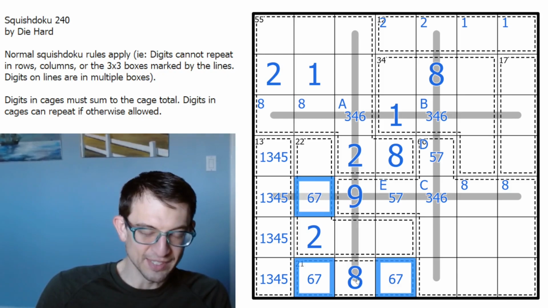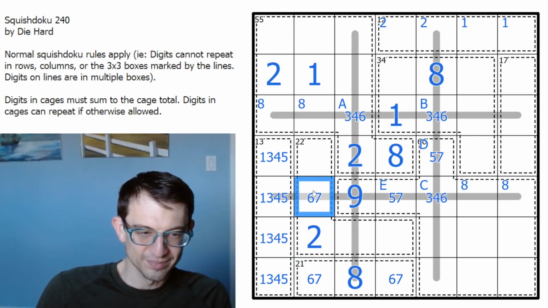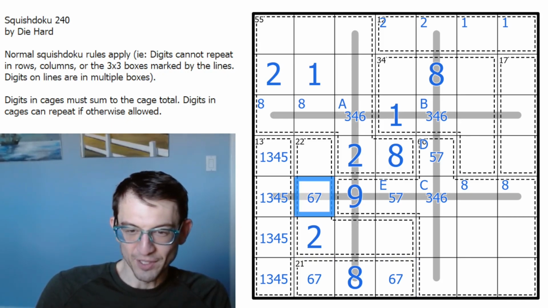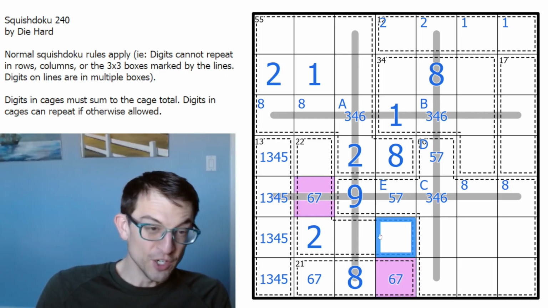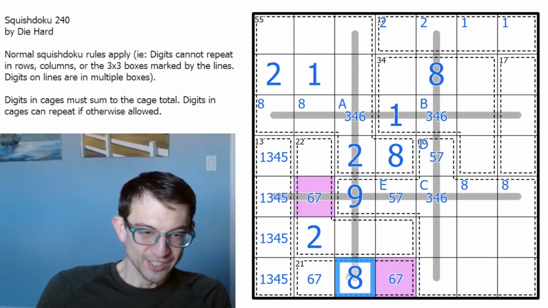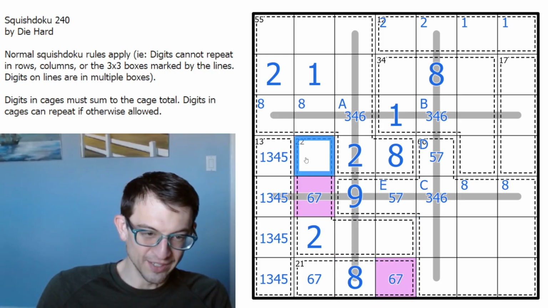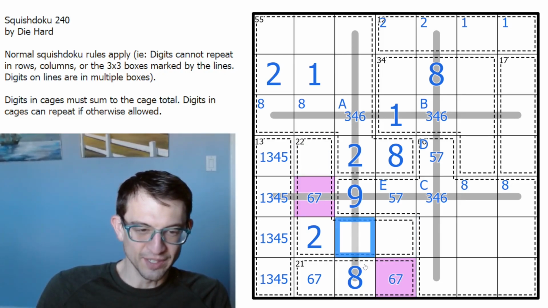And now I have this 6, 7 kind of 2 pairs. So I'm going to color this one purple. I know that these two are the same digit. And further, I know there's a 7 in the puzzle. And so now 7 can't go here. It can't go here.